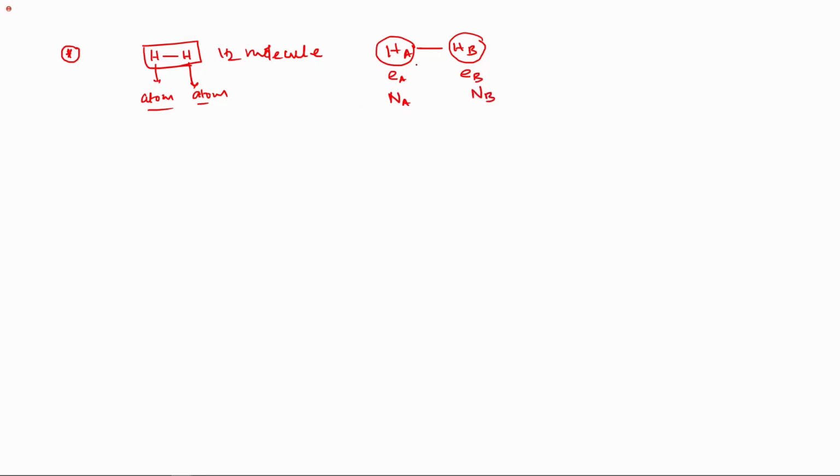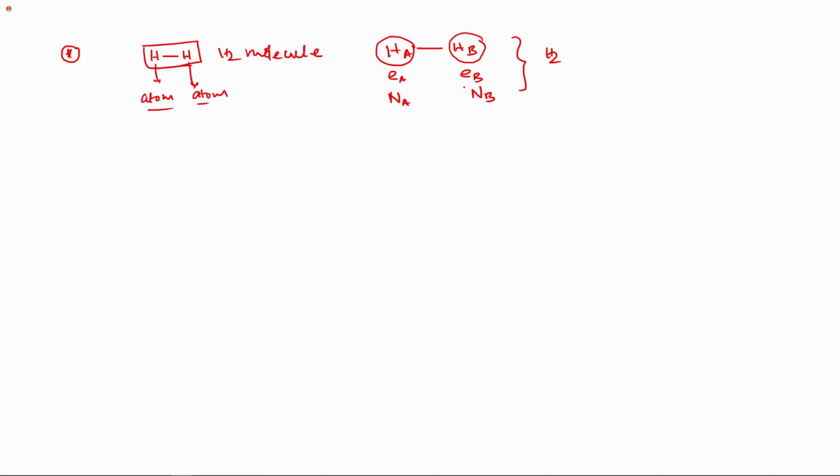So these are the two atoms HA and HB. They are covalently bonded and forming the H2 molecule. Here both atoms are the same, but to introduce some interaction and repulsion, we are considering this as HA and this as HB. HA has the electron EA and the nucleus NA.